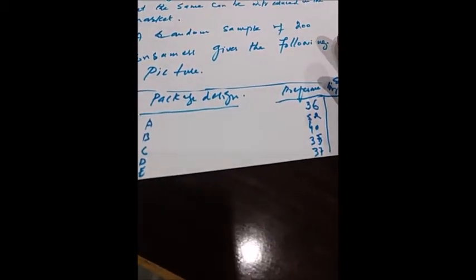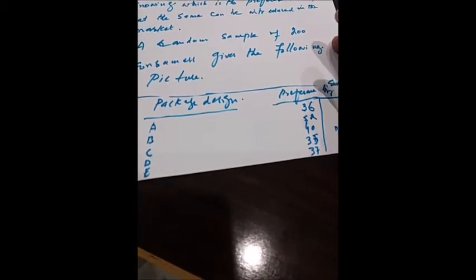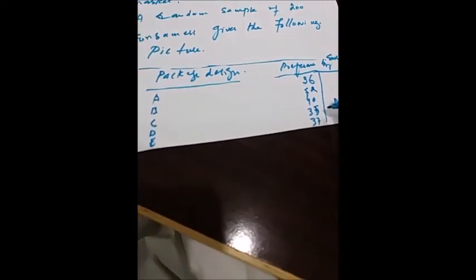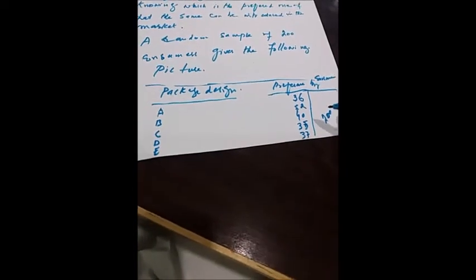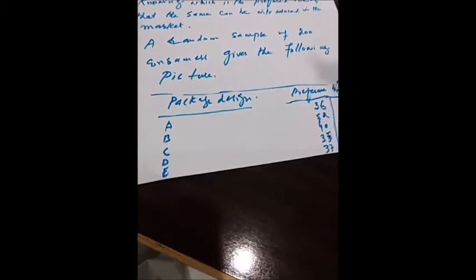So you can say that 36 consumers preferred package design A, 52 consumers preferred package design B, 40 consumers preferred package design C, 35 preferred package design D, and 37 preferred package design E, and the total preferences is 200. And we have 200 consumers' data about their preferences of the package design.